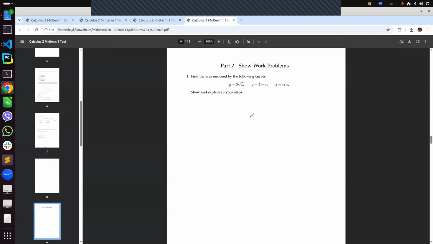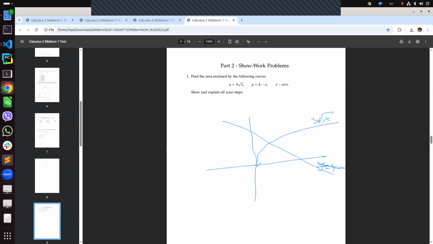This is y equals 3 times root of x. This is y equals 4 minus x.